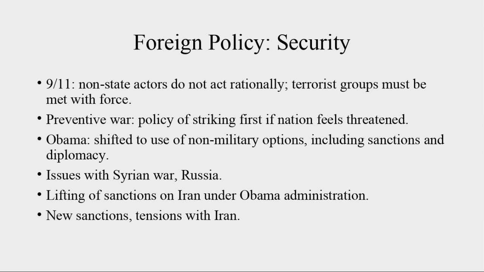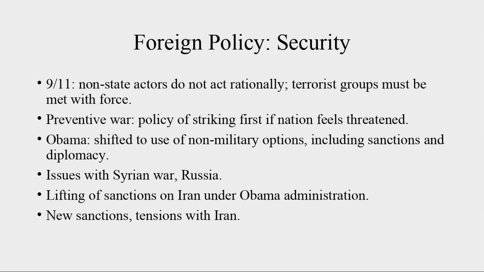Basically, he said, you even threaten us, we will hit you. President Obama shifted away from that. He used sanctions and diplomacy first, and only wanted to use the military if no other options worked. So he wasn't willing to threaten to send our military abroad unless necessary.